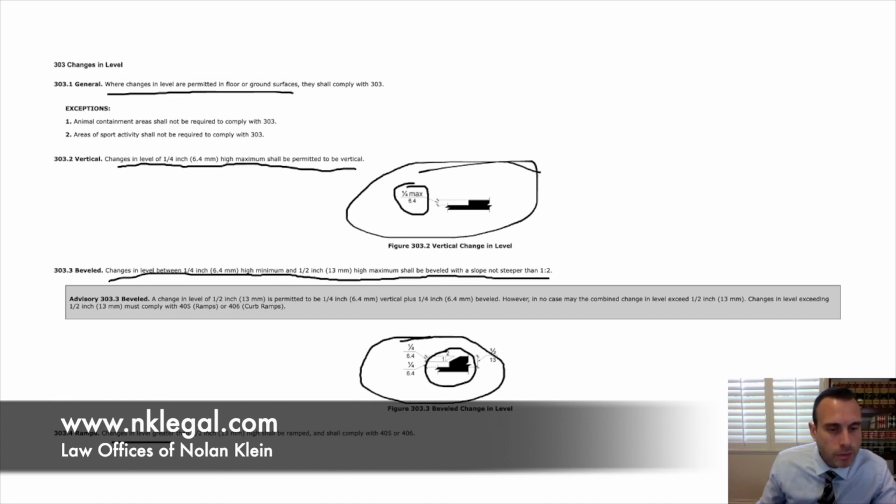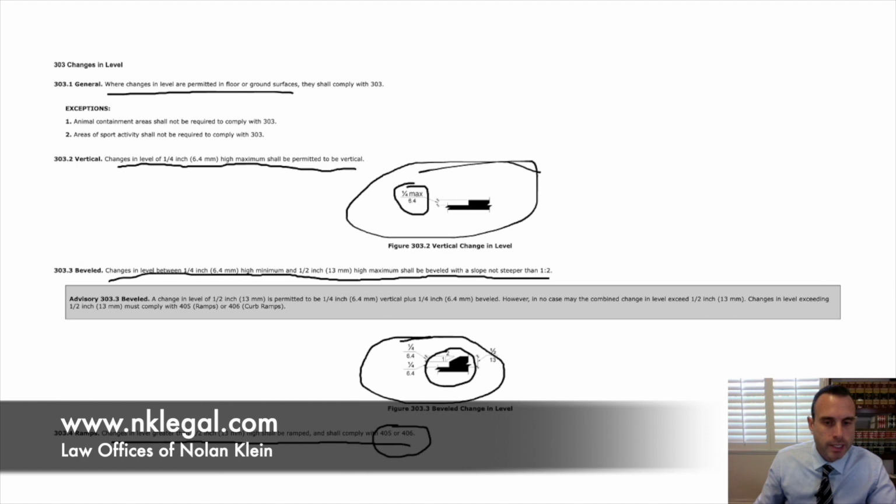Changes in level greater than 1/2 inch high shall be ramped and shall comply with sections 405 and 406. I mean, this is very simple to comply with, and yet many businesses, many places of public accommodation just don't. They just have steps and vertical changes in elevation, and they don't really give any thought to this. And again, that is something that oftentimes causes not only inaccessibility, but lawsuits.